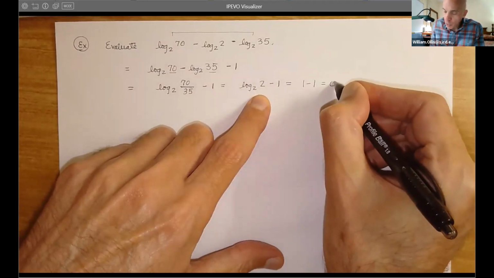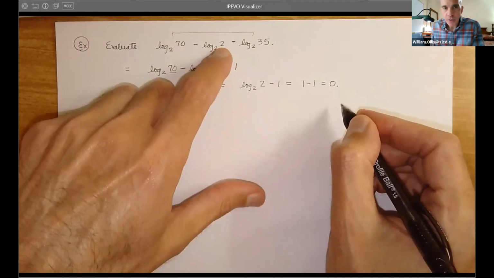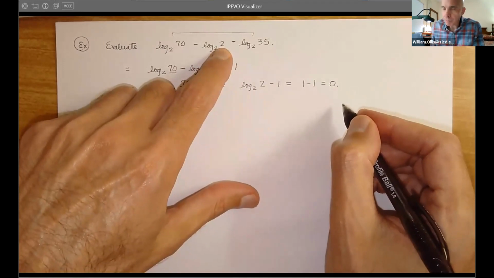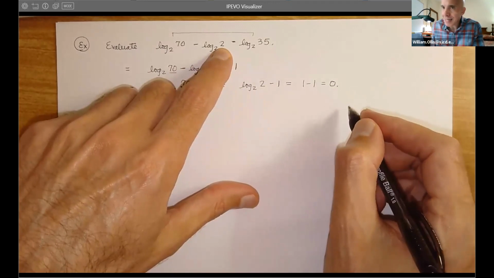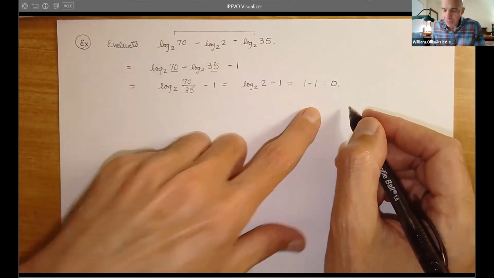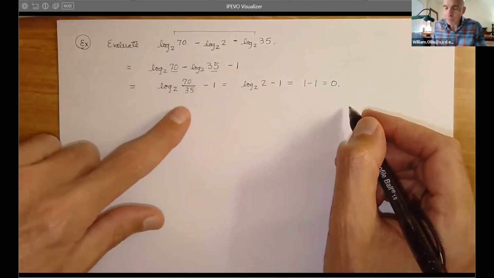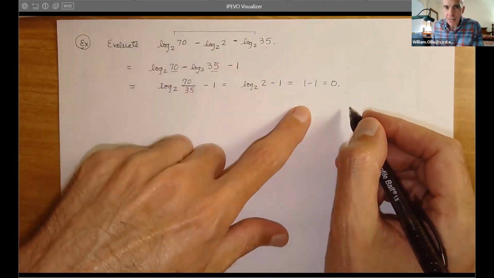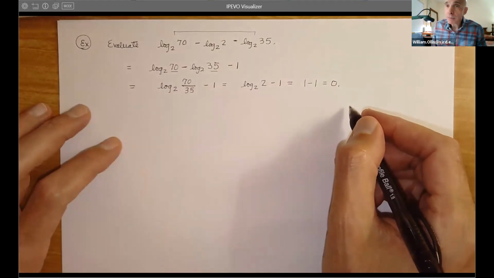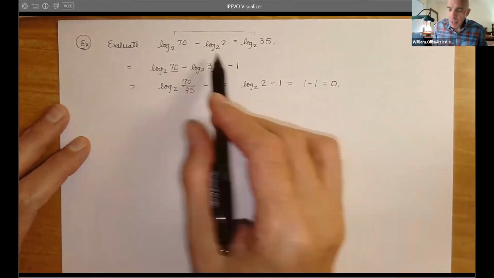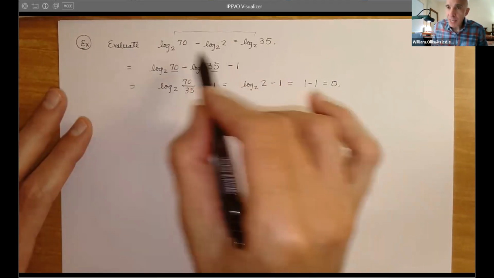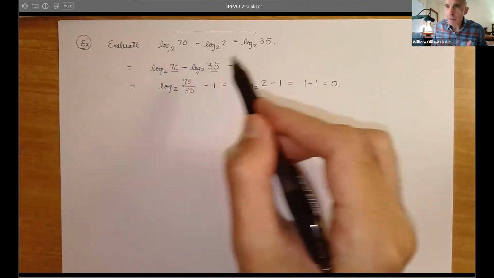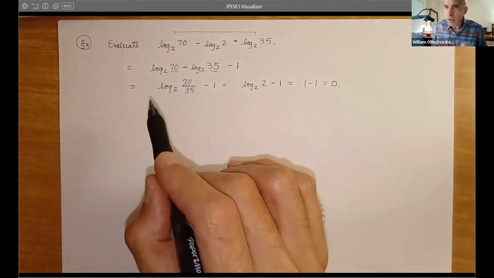Now you can vary this. You can vary the argument here, make it maybe a power of 2 like 4. You could make a 16 or an 8 or whatever and get a different answer. But I just wanted to make a simple problem here where we get a very simple answer. The answer is 0. So again, when you are asked to evaluate based on the fact that you have the particular identities for the logarithm.